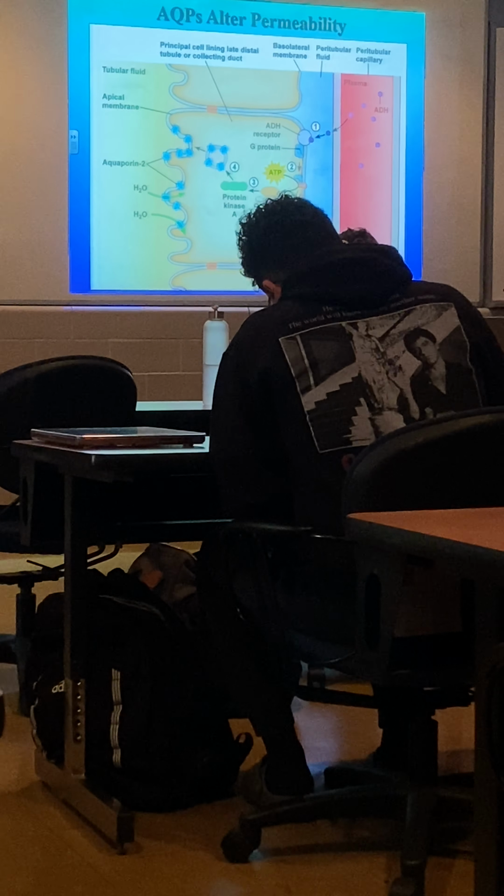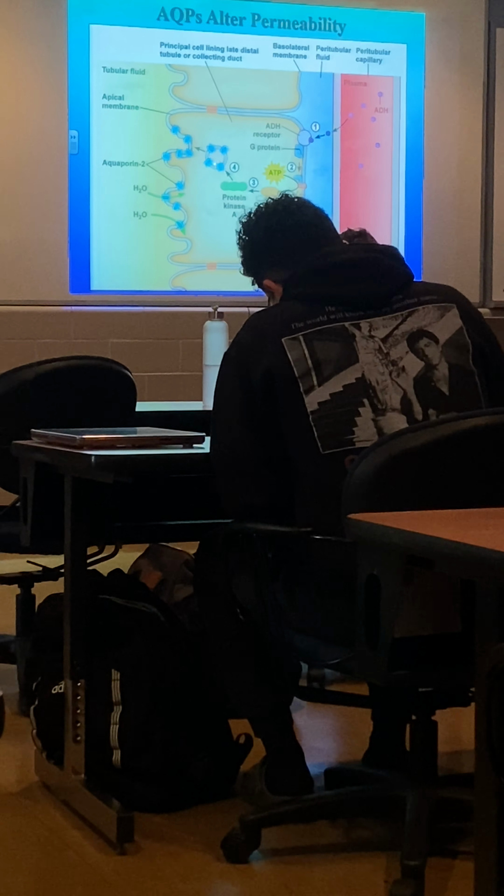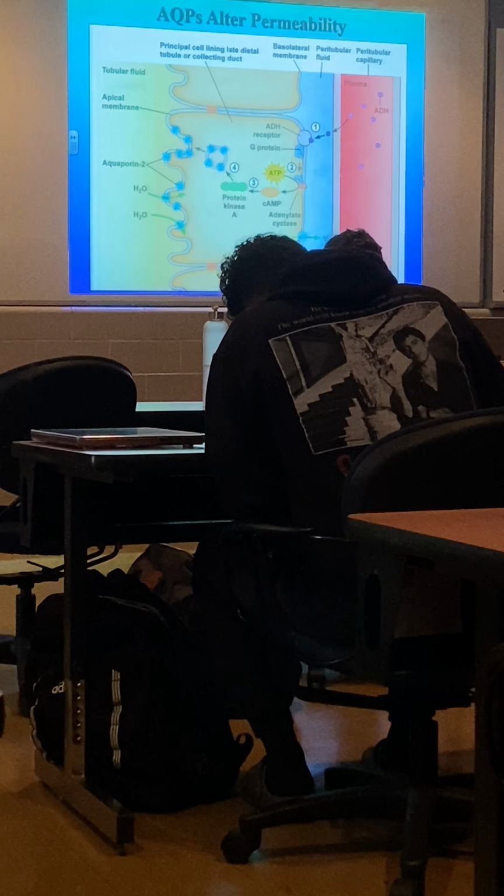What have we done? By causing this vesicle to fuse with the apical membrane, we've increased the density of those aquaporin pores, and we've increased the permeability of the cell to water. In doing so, now as the urine comes down here, we can extract more fluid from it, concentrating the urine, again reducing the overall volume of urine produced.